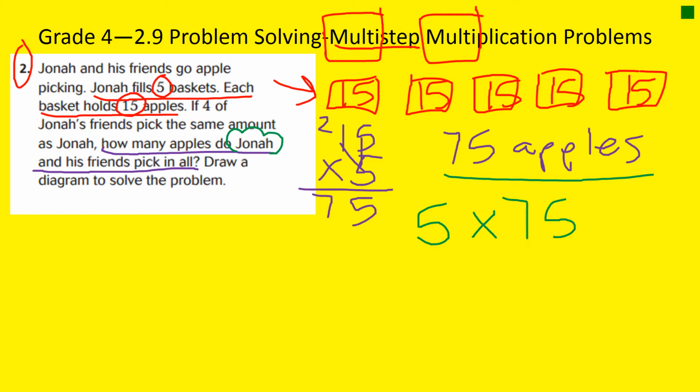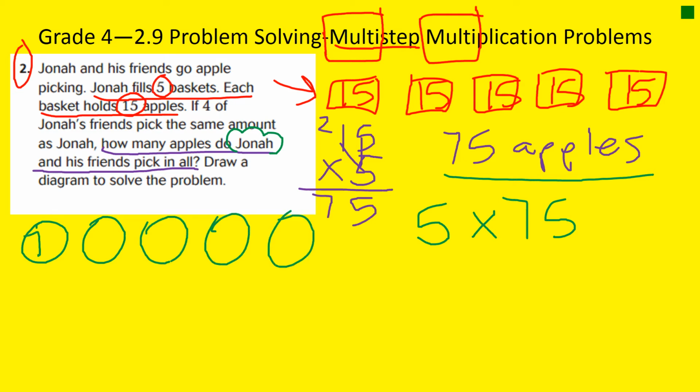Okay, so I guess we need to draw a diagram for this too. Let's just do 1, 2, 3, 4, 5. Let's just write 75 in them. Right? We're going to get a hand cramp if we draw these apples. Okay. 5 sets of 75.